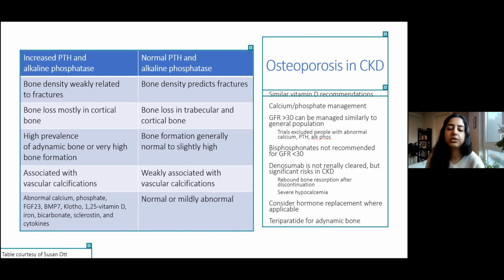And for that, the treatment of choice is teriparatide. Just in general, if a patient's GFR is above 30, you can treat them similarly to the general population, but less than 30, don't use bisphosphonates. Think about hormone replacement, which is agnostic to their GFR, which may be a reasonable strategy.